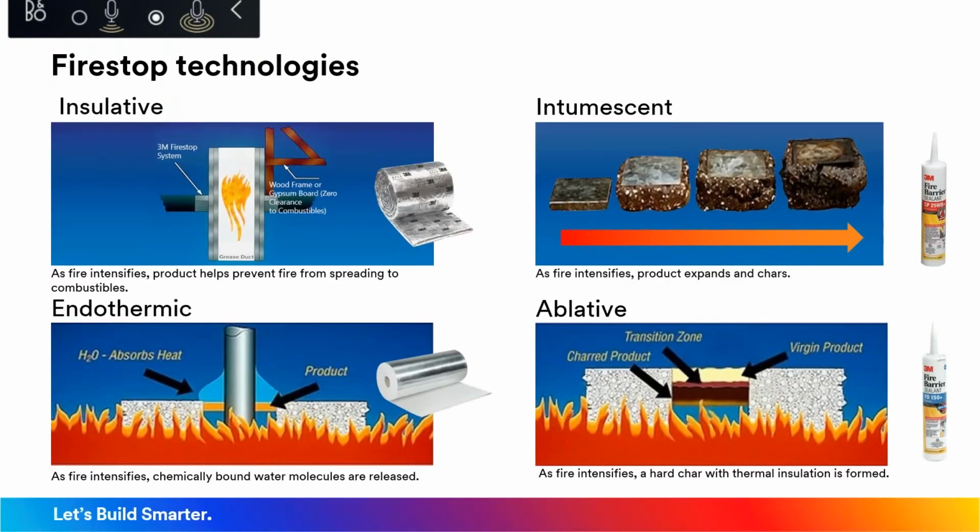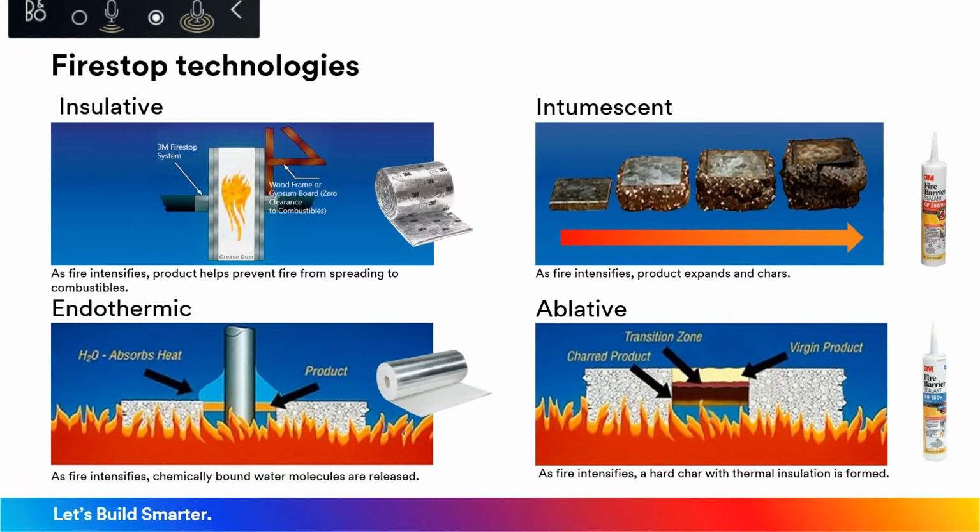So here are some key technologies in our industry. I've mentioned the insulative wraps. I'll give you some visuals on our insulative materials, but there are wraps and there are mats in the industry. The insulative wraps can slow down the transfer of heat. They can also contain heat, contain the fire.